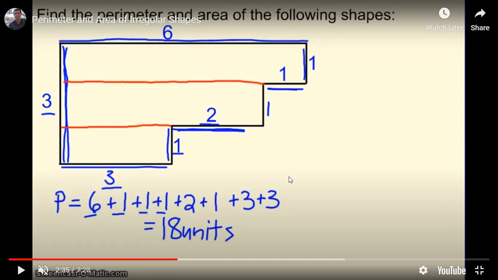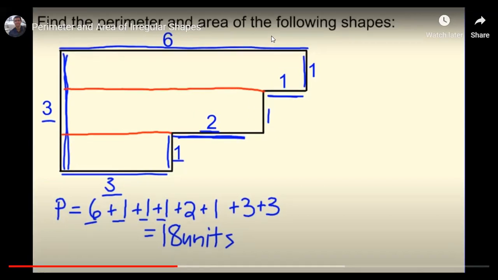Wait, the numbers below are to calculate the perimeter of the figure. We already finished the first question. Second question, I want to calculate the area for this figure. What do we have to do?